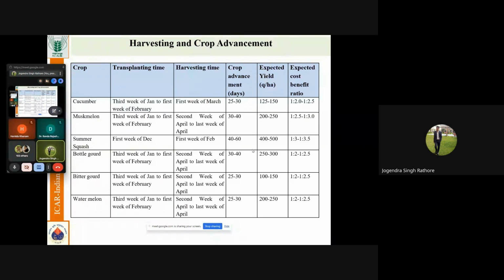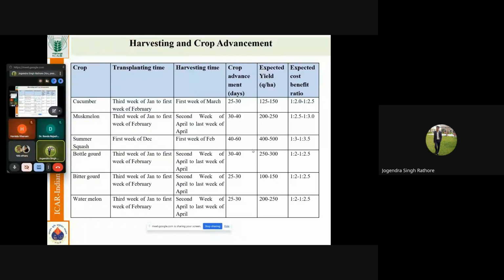In muskmelon, we can advance the crop stage by 30 to 40 days, in summer squash by 40 to 60 days. Similarly, in bottle gourd, bitter gourd, and watermelon, we can advance up to 25 to 30 days. Using this, we can also increase our cost-benefit ratio and our yield.